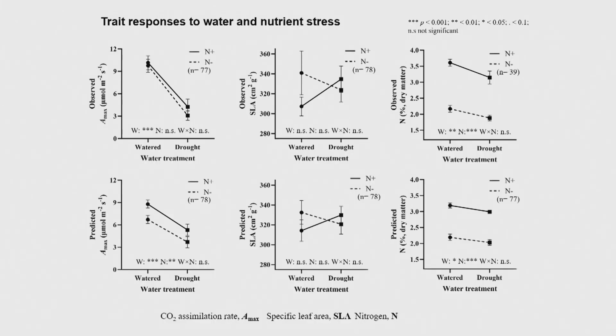What we're going to look at is how they predicted. The most important thing about this particular slide is the top panel, which is all of the observed traits, so that's what we actually measured. I cherry-picked 3 that worked really well: photosynthesis, specific leaf area, and nitrogen. Then if you look on the bottom, those are the estimated traits. Those are what spectral data gave us. And there's no difference between the two.